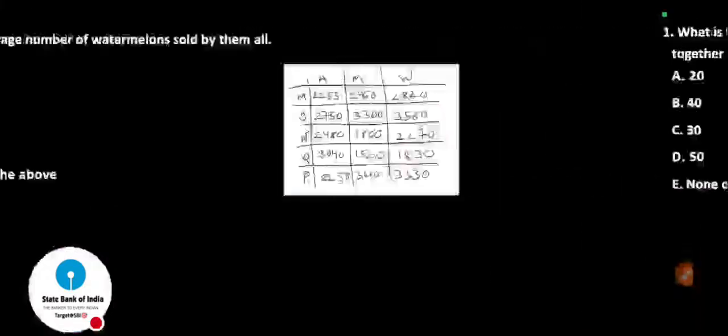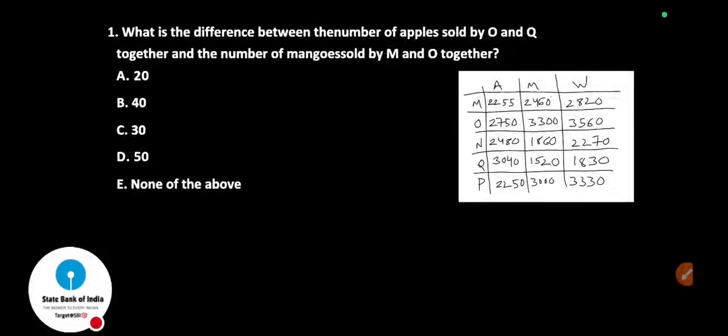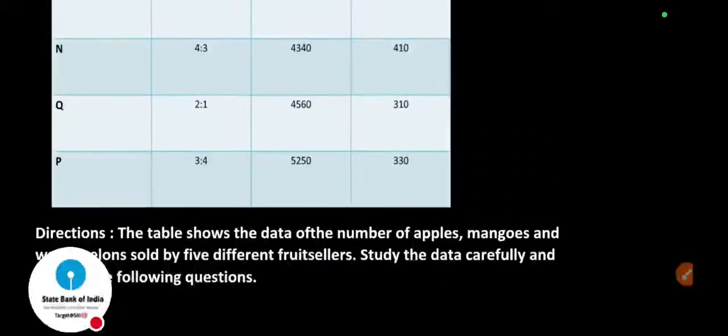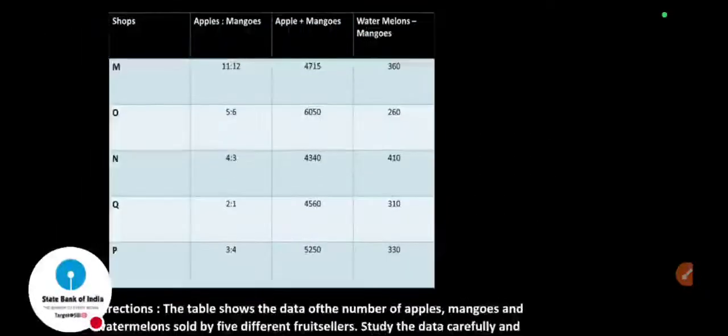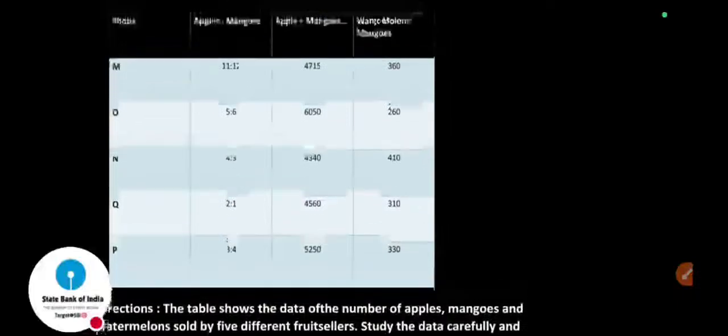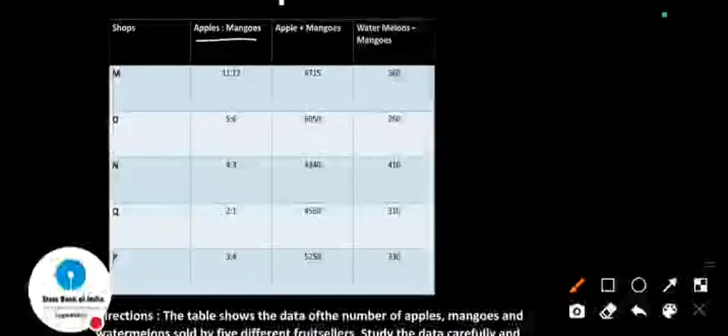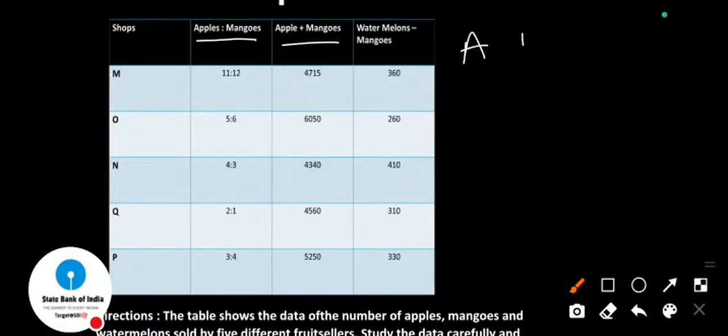So we have completed the arithmetic questions also. Now we are going to see the data interpretation. The apples to mango ratio is given. Apples plus mangoes is given. So from this we can find the apples and mangoes separately. Watermelons minus mangoes is given.